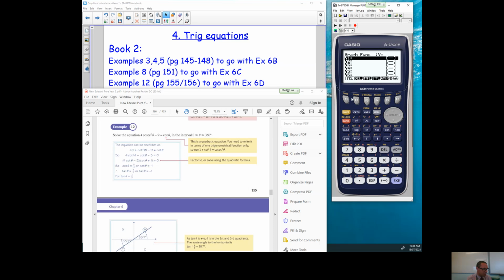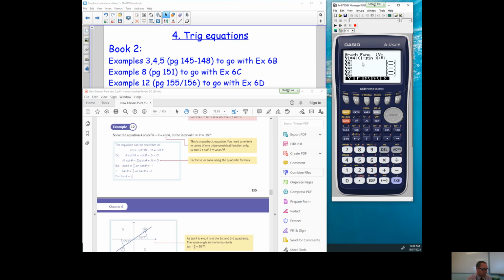So this is a tricky one to put in, right? And again, as I say, if in doubt, put more brackets in. So we're going to go 4 bracket. Cosec is 1 over sine, so 1 over sine x. And we want to square that as well. Because we're going to square that and we're not squaring the 4, I'm just going to put another bracket in here to make sure that I've covered that.